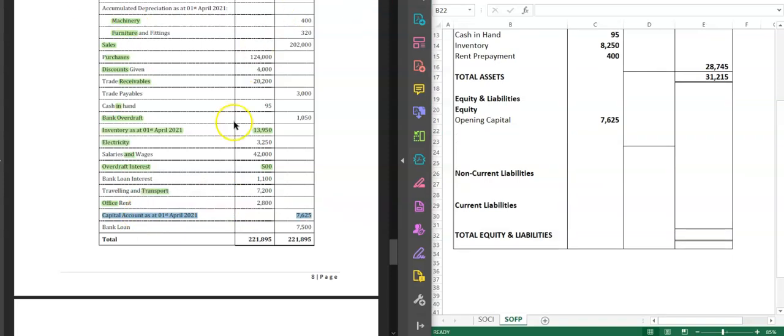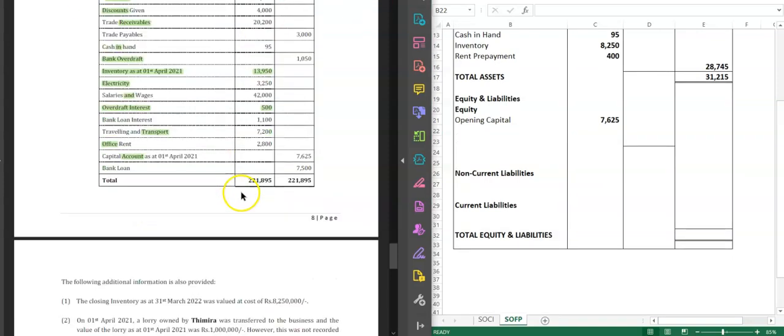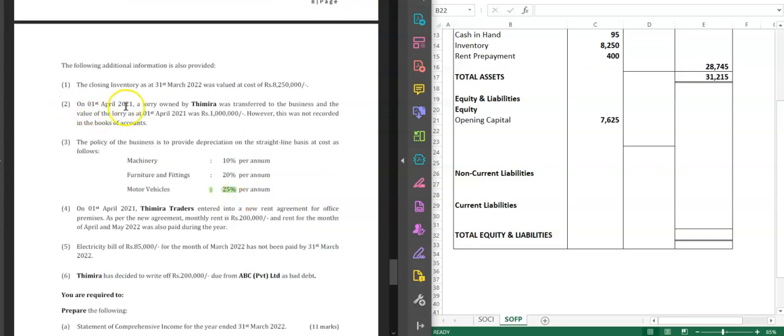How can we find that? Yes, Timura transferred his own lorry to the business. That is a capital. So additional capital in terms of lorry. How much? That was 1 million. So we put it as 1,000.